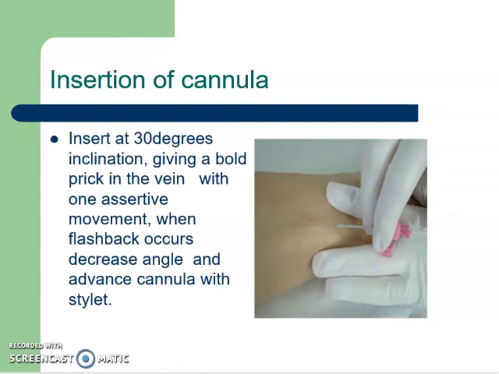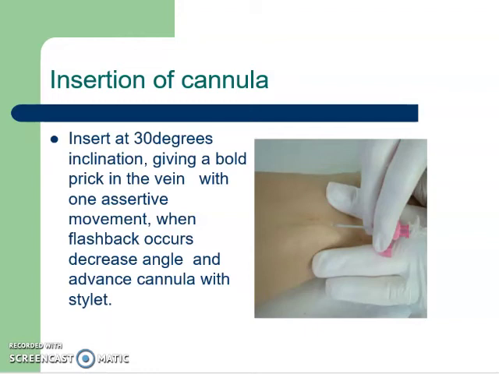Then hold the cannula in between your index finger and middle finger, the way it is shown in the picture, at an angle of 30 degrees, and give a bold prick in the skin and vein, one assertive prick, and the cannula should go in the vein.